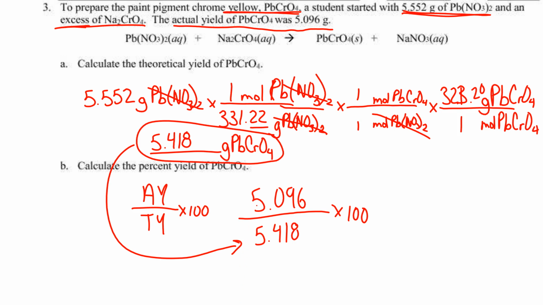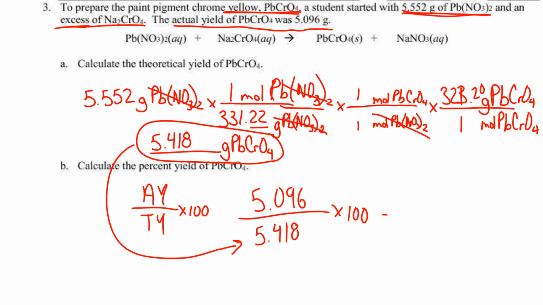If this number is not smaller than this number, there may be a problem with your math or your setup up here. It's okay if they're exact; that would just be 100%. But if this number is not slightly larger or significantly larger, there's a problem.